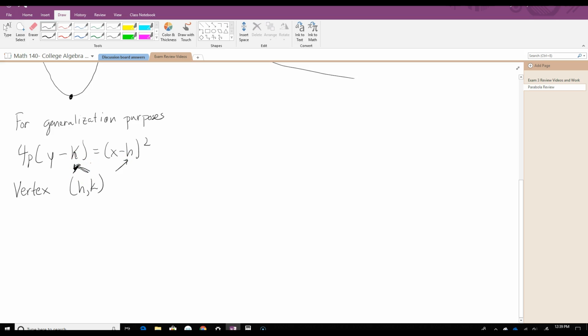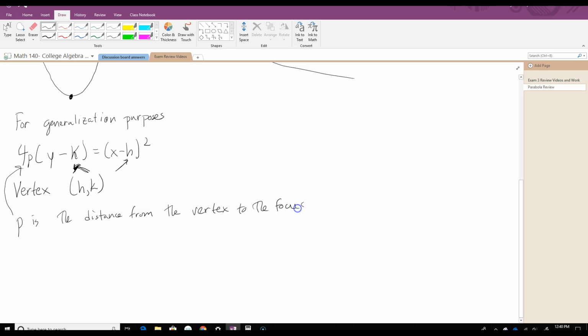The next piece that's important is this thing called p, and p is the distance from the vertex to a point called the focus.